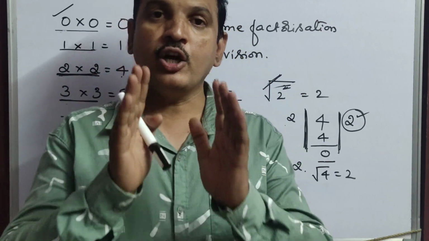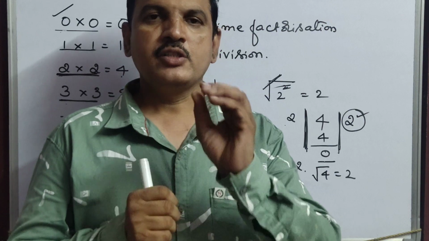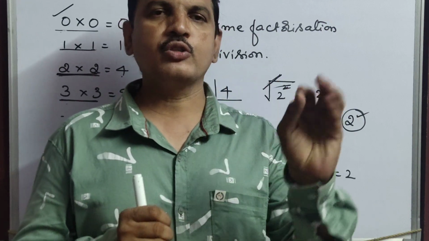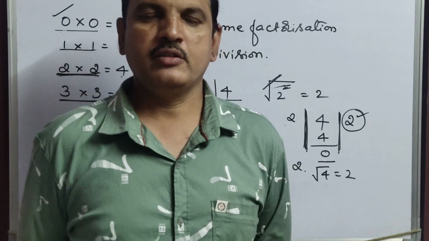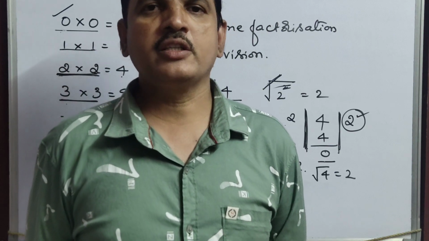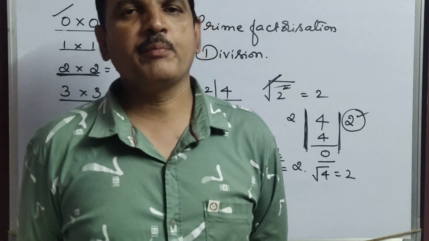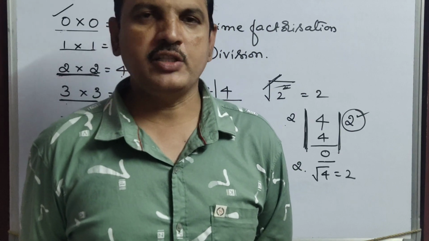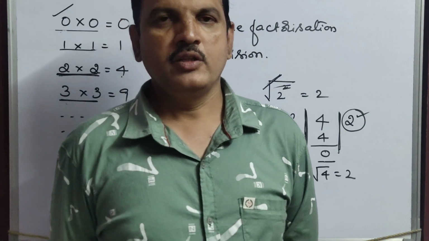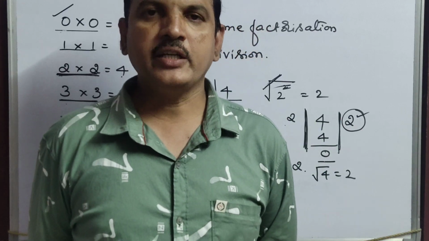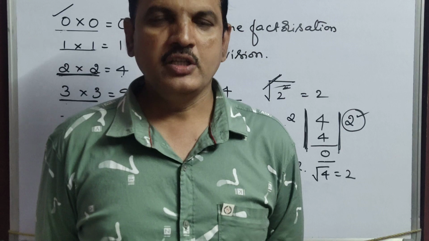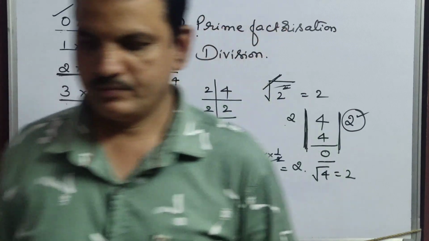If he did not mention anything, and simply gave find the square root of 225, then whichever method you like, you can do it. I like the division method more, so I always prefer the division method. Okay children, listen very carefully now. The division method I am showing you for 3 digits, 4 digits and 5 digits.